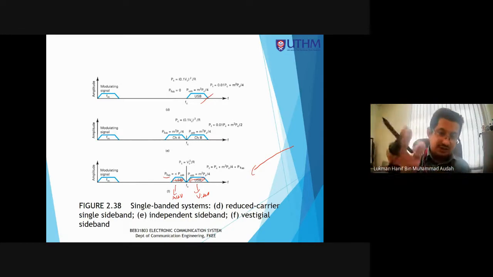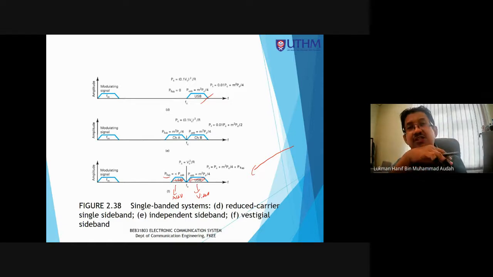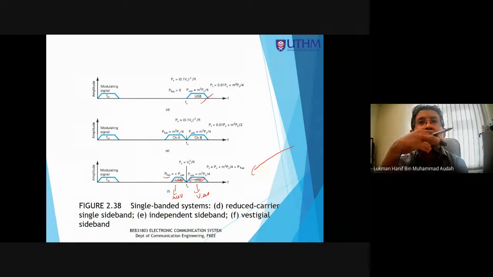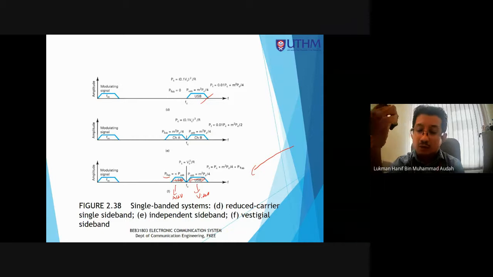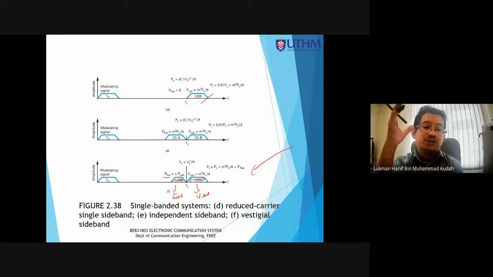Okay, so this is vestigial sideband. So kalau dilihat di sini, vestigial sideband tries to improve the double sideband full carrier in terms of bandwidth and also in terms of power conservations. Okay, dia cuba nak improve daripada double sideband full carrier tersebut.